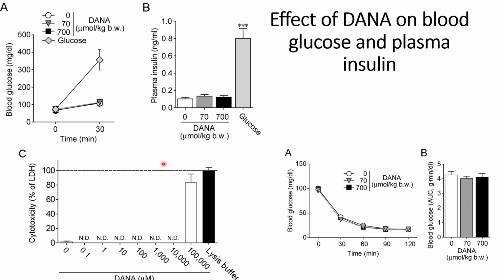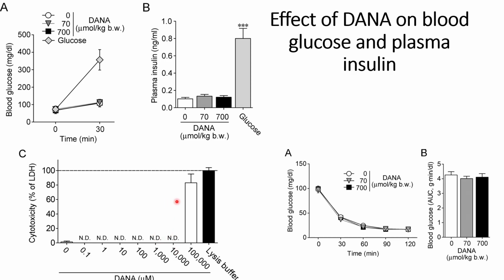Simultaneously, they also checked the cytotoxicity of DANA using LDH, lactate dehydrogenase, which is usually found in the intracellular parts of the cells. If the cell membrane gets disrupted because of DANA, these intracellular components will be exposed in the extracellular matrix, where they can be detected by fluorescence. They found that up to 10 millimolar, they do not see any cytotoxicity effect.